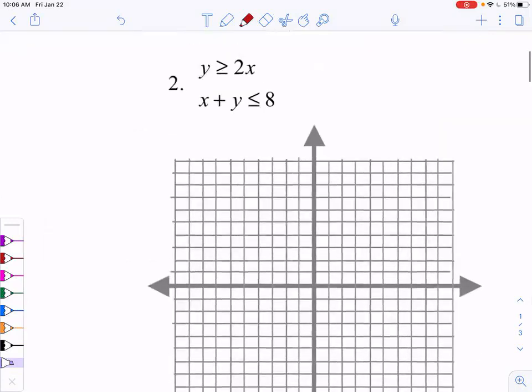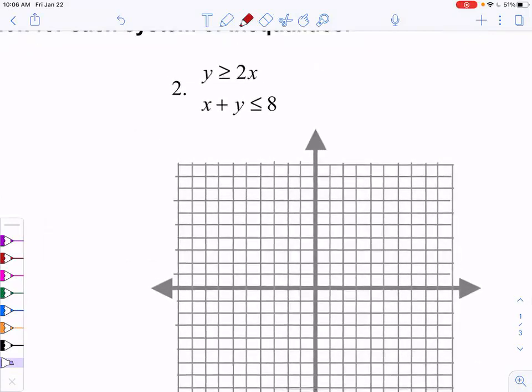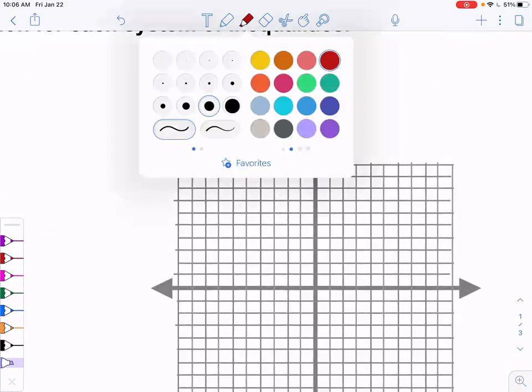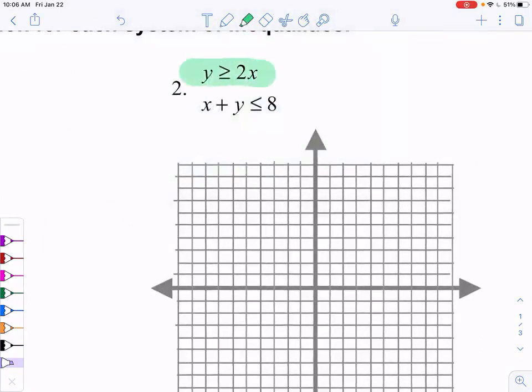All right, so for number 2, y is greater than or equal to 2x. Y is by itself, but just be careful. The slope is 2. There is no y-intercept in number 2, so it begins at 0.